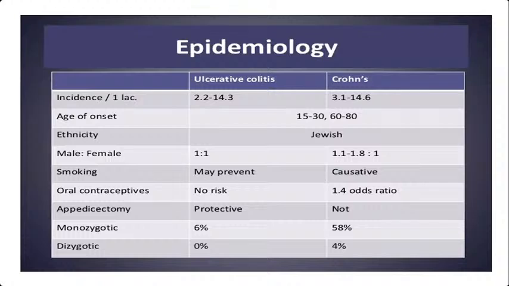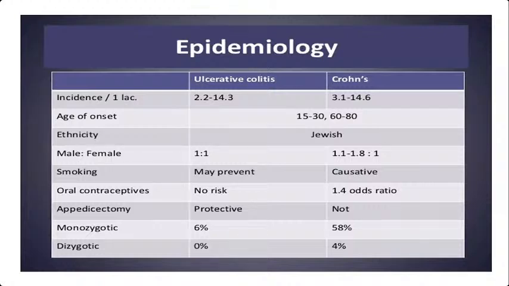So the incidence: you can see that Crohn's disease is slightly more common. Age of onset can be in the younger age group or the older age group for the two of them.